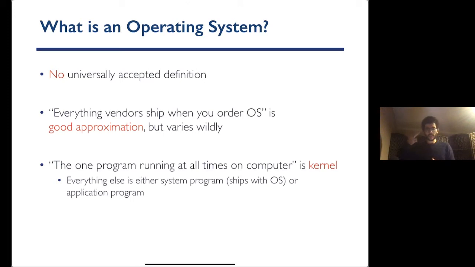If you really point a gun to me and say, no, you have to define operating system, I would just say whatever is shipped with the operating system package you download or you buy. Like, let's say you buy a Windows system or you get your Mac.